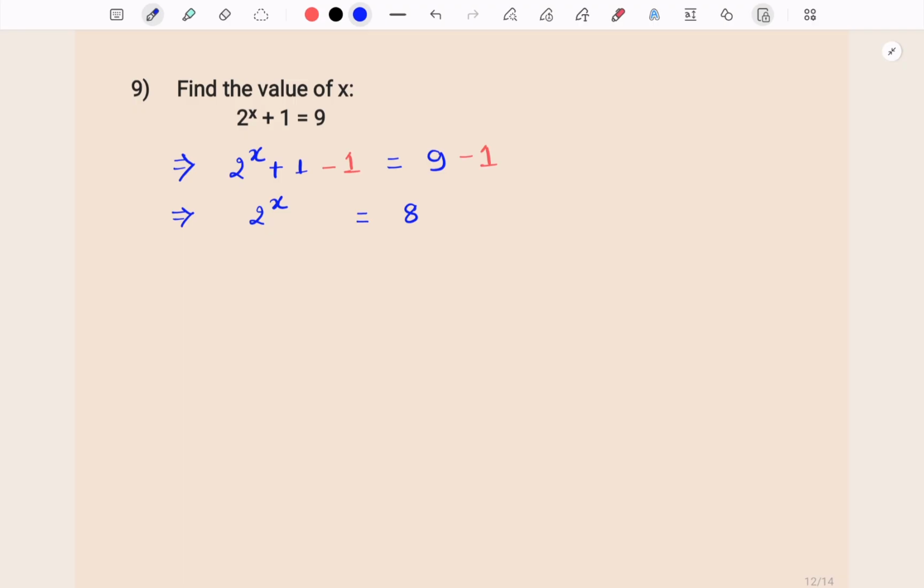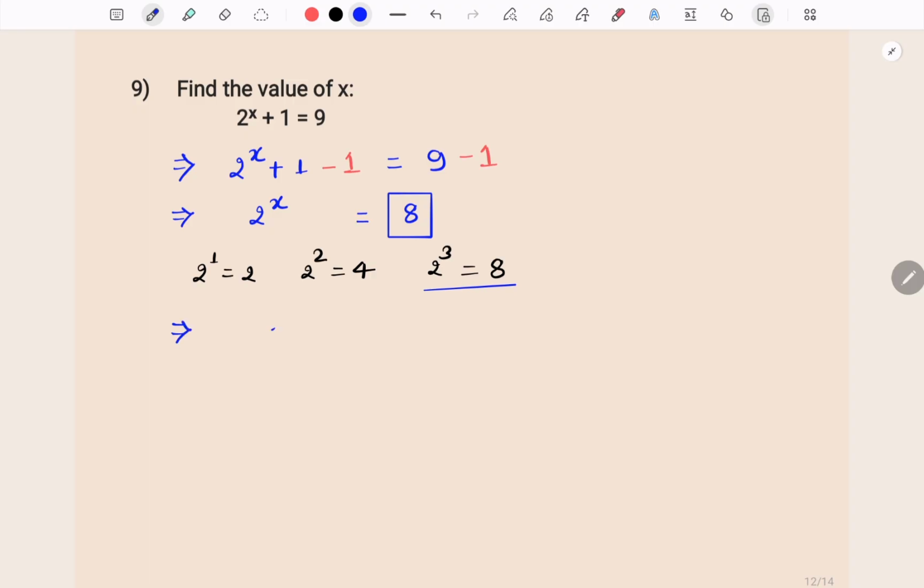Try to think of 8 as powers of 2. So we have already known that 2 raised to the power 1 is 2, 2 raised to the power 2 is 4, 2 raised to the power 3 is 8. So this 8 here can be written as 2 raised to the power 3.